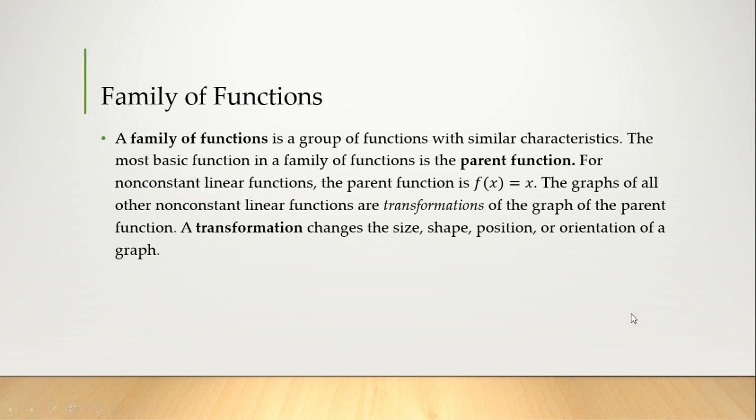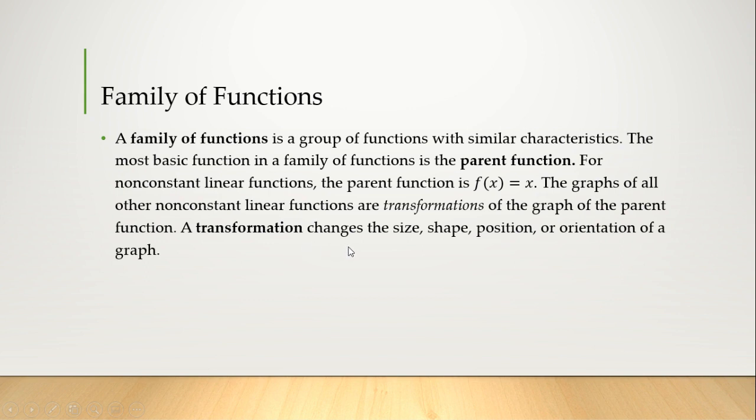So the most basic linear equation is this: f of x equals x. Nothing more than that. So that's the parent function. The graphs of all other non-constant linear functions are just transformations of the graph of the parent function. Okay? So any other line is just some transformation of this original.